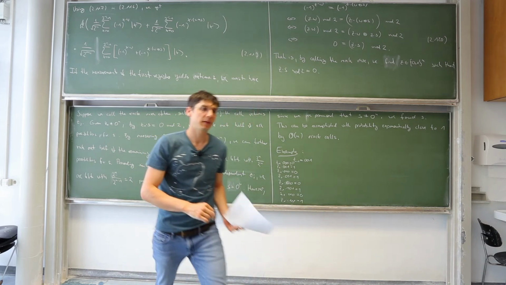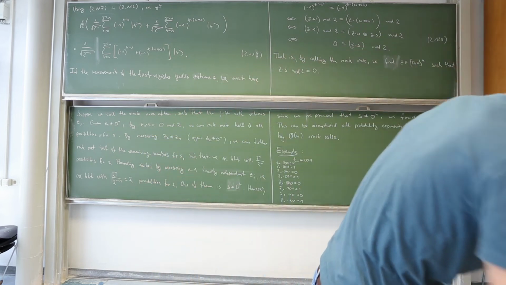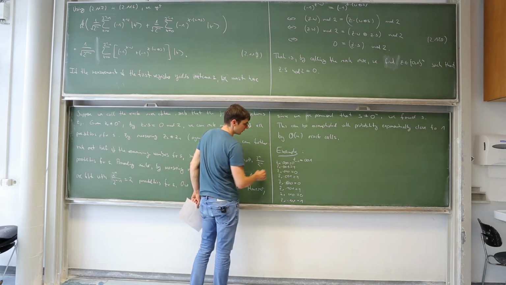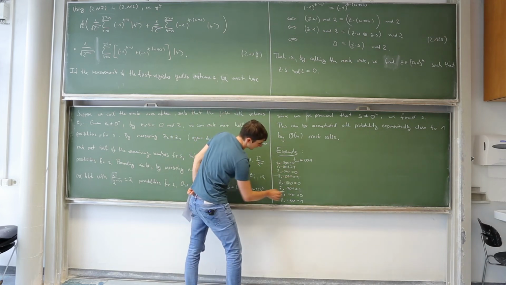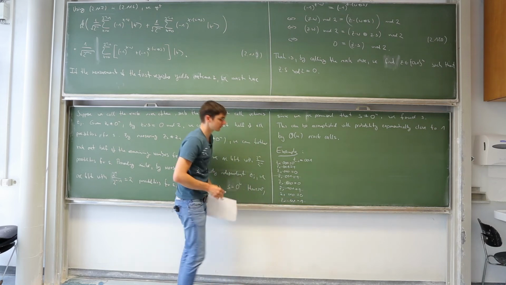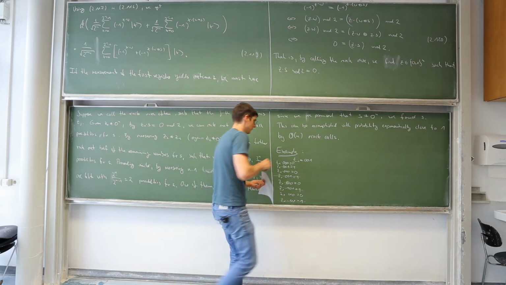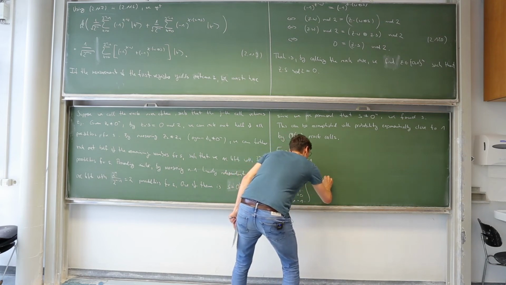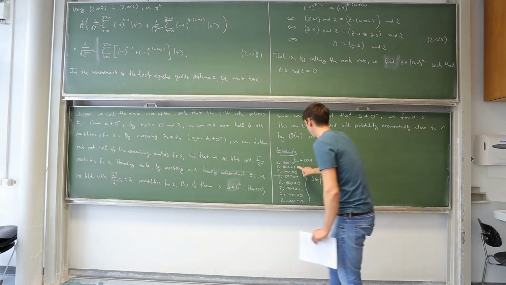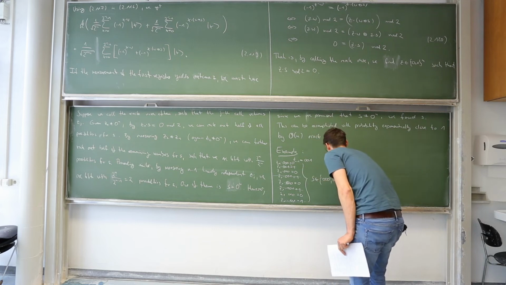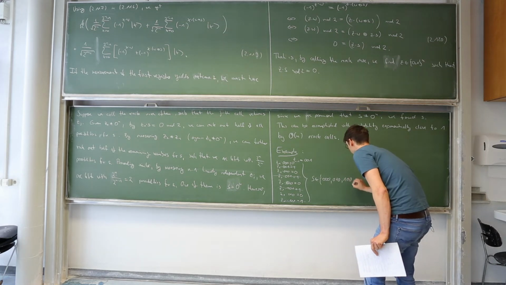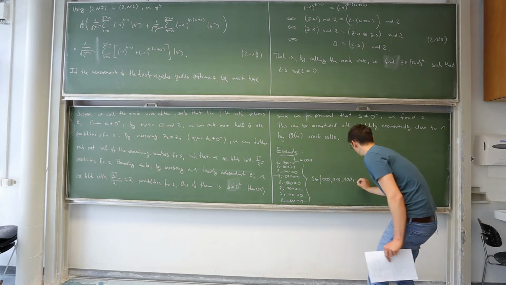With this we can now rule out half of the possibilities. So we know that S cannot be this one, this one, this one, or this one. From this we know that S must be an element of 000, 010, 100, or 110.